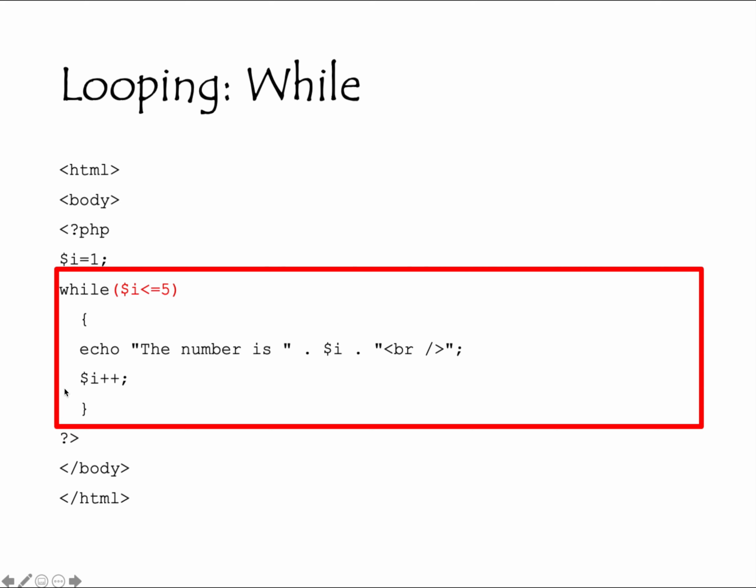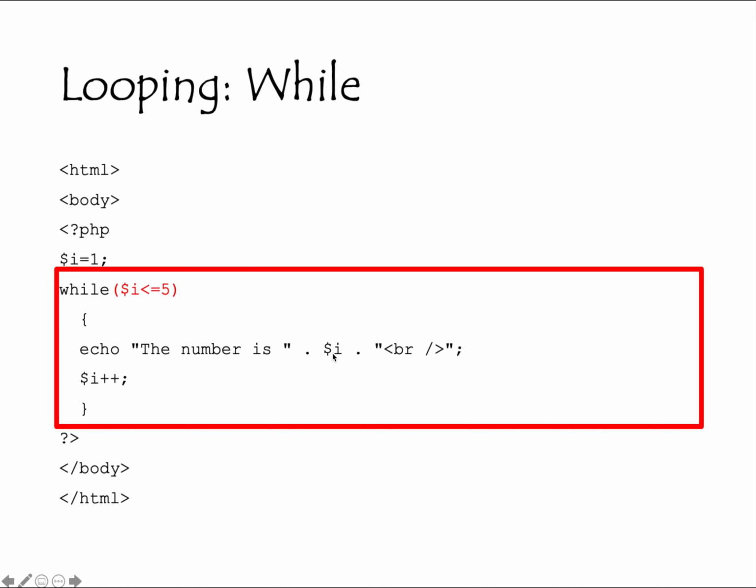Then where are you going back to? Inside this while loop. This block, this loop, will be repeating. Now with the new value $i equals 2, the condition will be checked one more time. With $i equals 2, is it still less than or equal to 5? Yes, it's true. So you will go into this curly brace block again, and then you will echo the number.